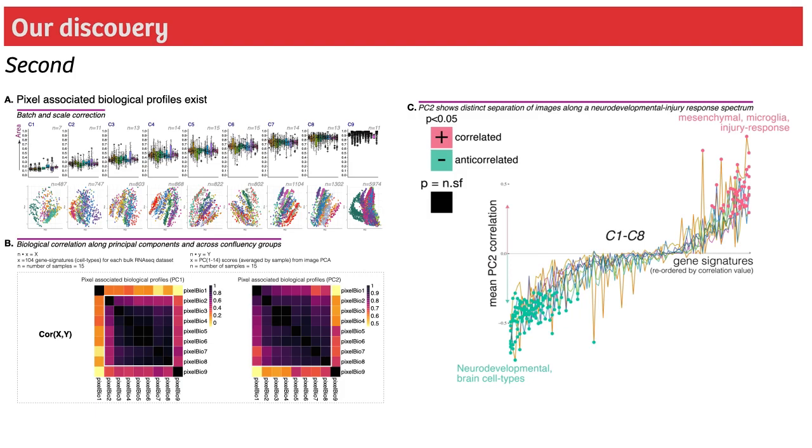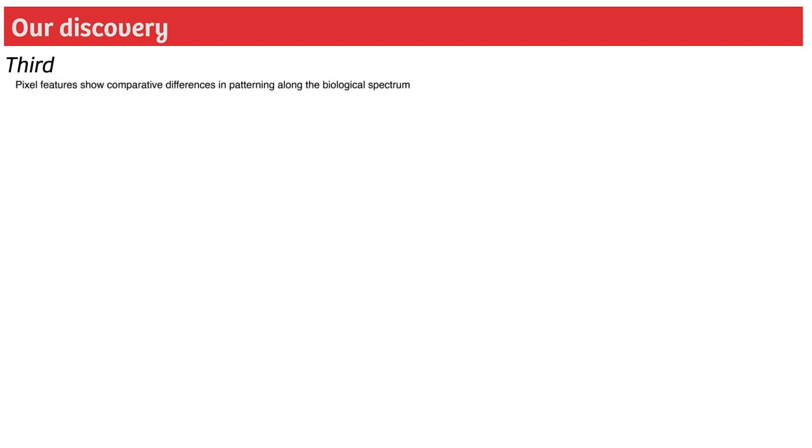In summary, the high PC2 images were from samples that had higher mesenchymal, microglia and injury response signature scores, while the images from the lower PC2 end were enriched for neurodevelopmental and brain cell type gene signatures. The idea is not just to classify, like I said earlier.